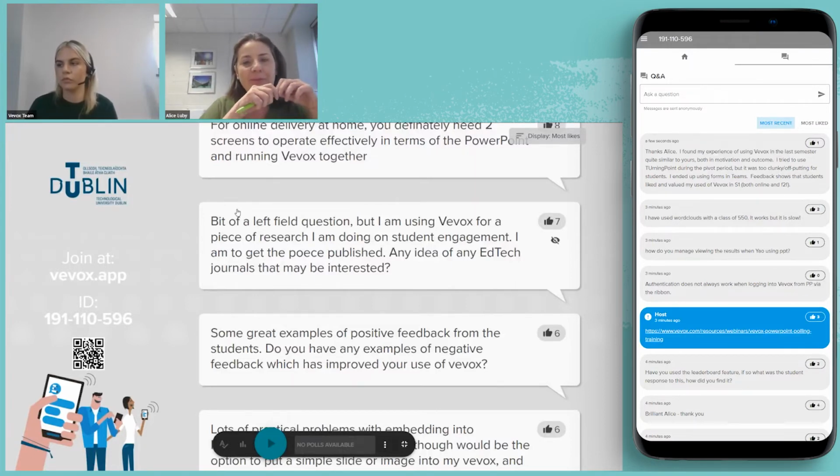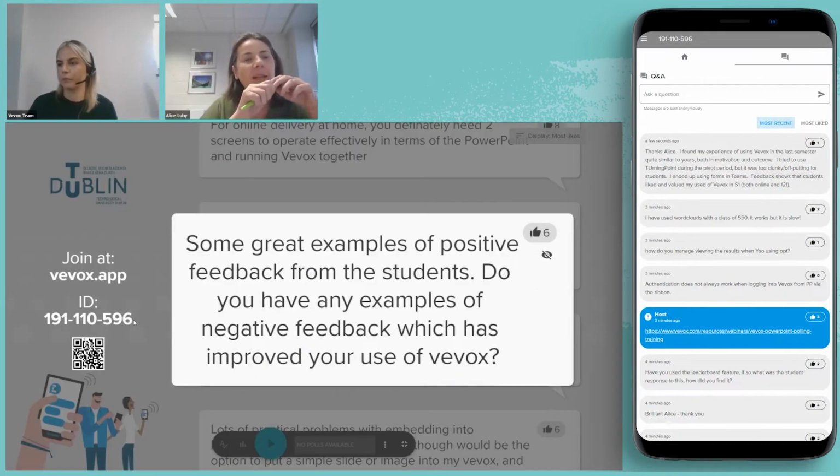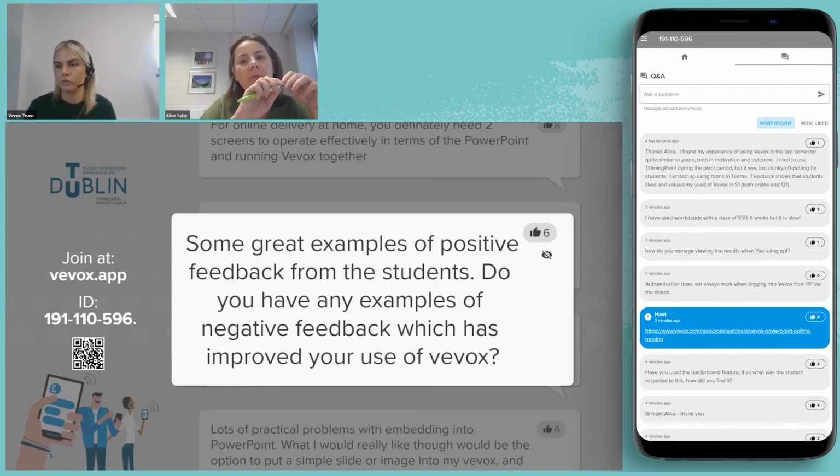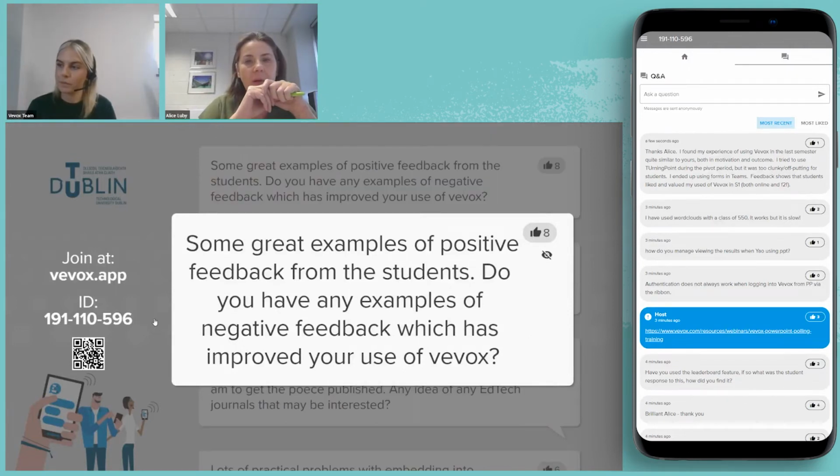Somebody asked about negative feedback, and I think it's really important to watch the negative feedback. A really useful comment came to me from a student, and I know it was a disability student, and they said quite openly, I can't do the polls. I'm not doing the polls because the minute I pick up my phone, I see my notifications coming in and I start reading them and I forget I'm in class and it distracts me.